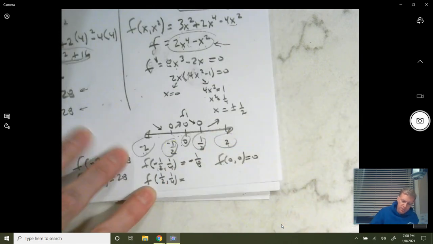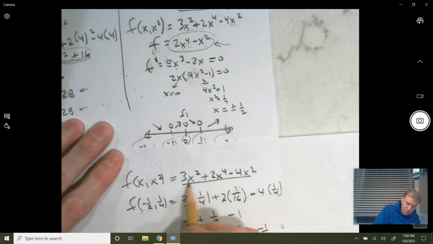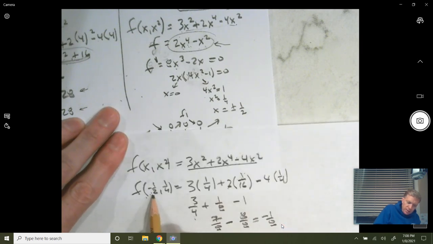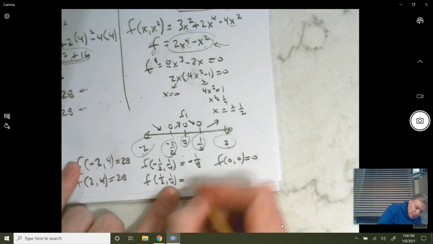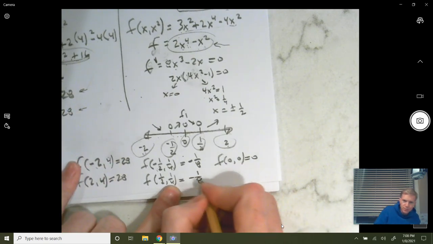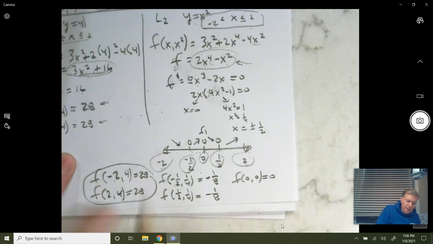Since this is an even function, meaning every time you have an x, it's squared or to the fourth, plugging in +1/2 you're going to get the same thing, so -1/8. It looks like this wins for our max. That's our absolute max. We don't have any value of our function that's bigger than 28.